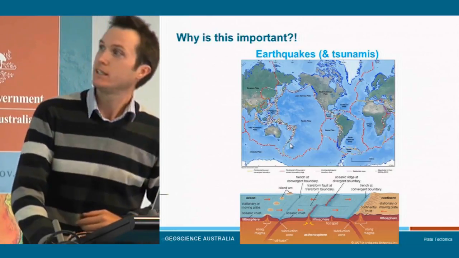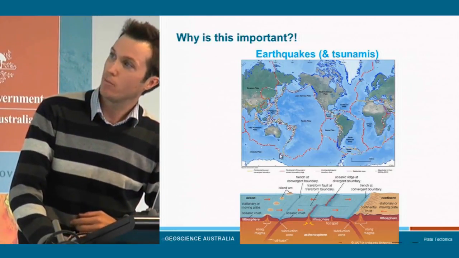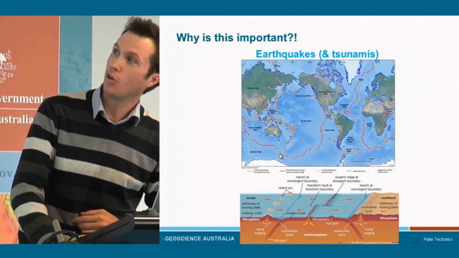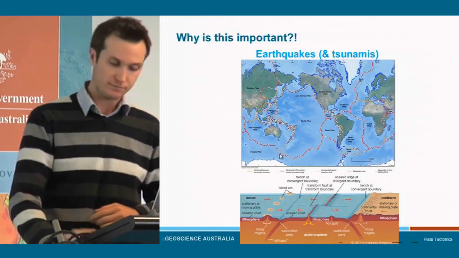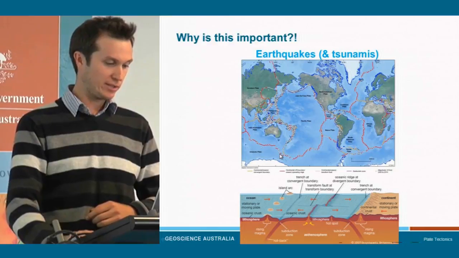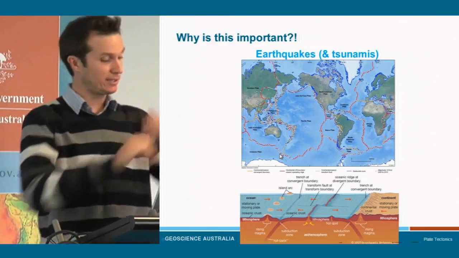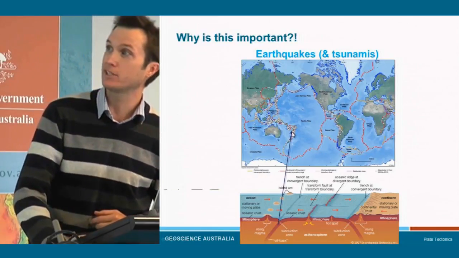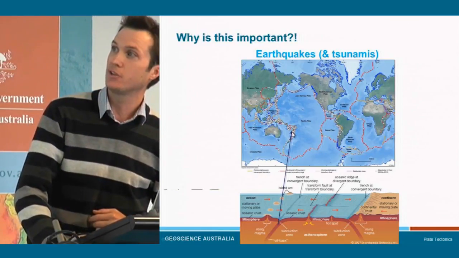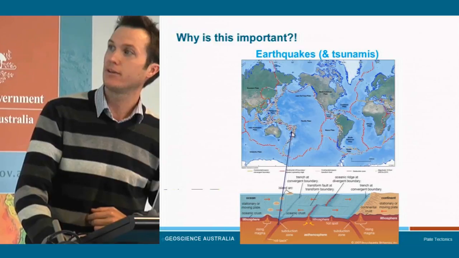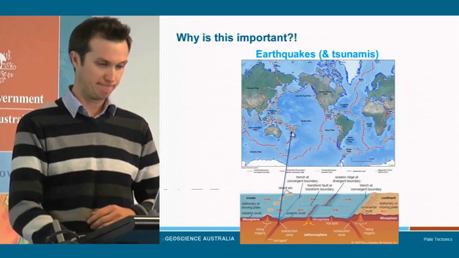You can see most of them occur at or on these plate margins. And a lot of the earthquakes are forming at these subduction zones, where plates are being subducted beneath other plates. A good example is to the north of New Zealand there.